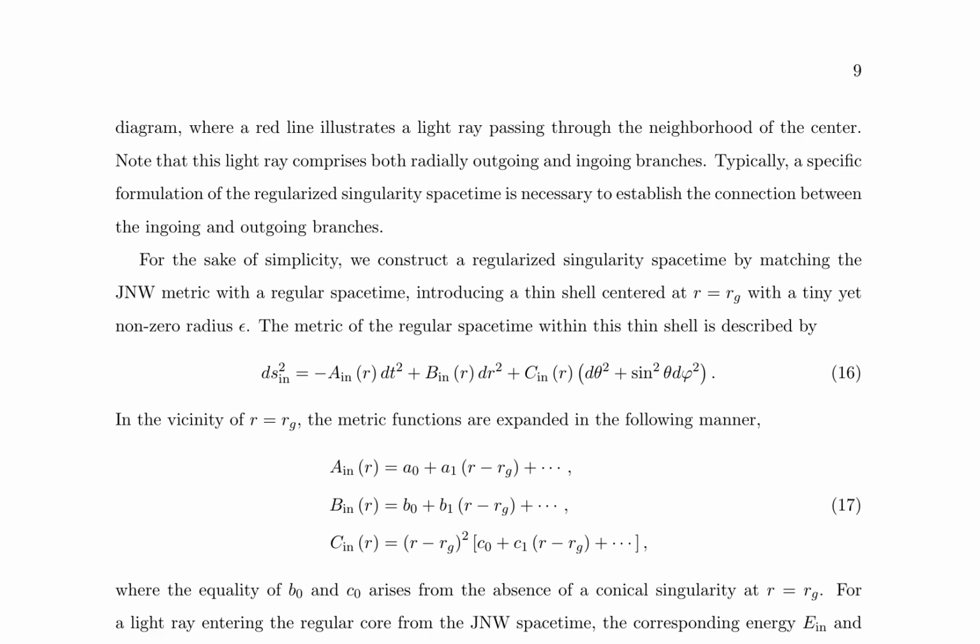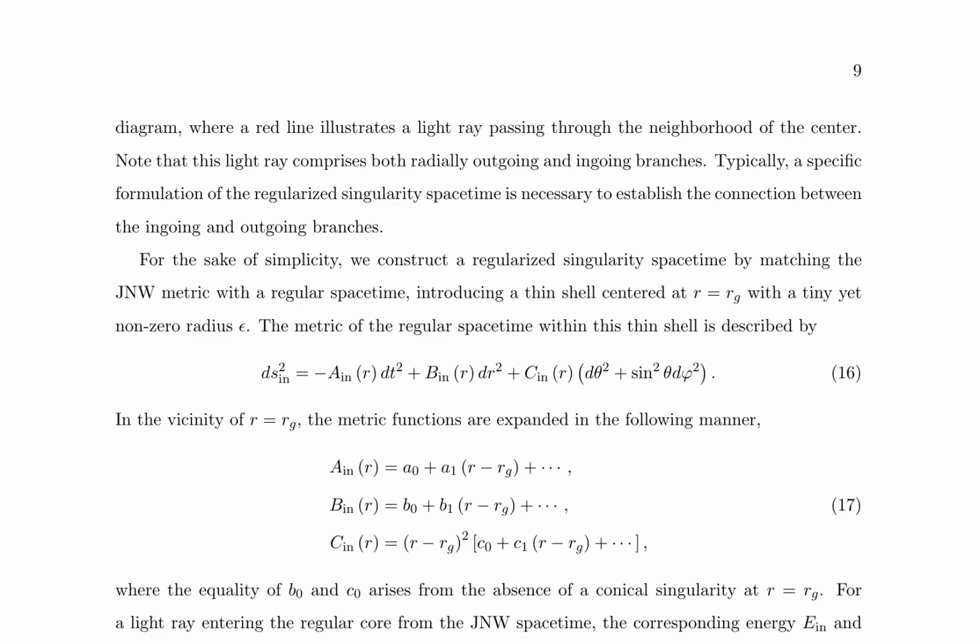This construction enables the analysis of gravitational lensing effects caused by the naked singularity in the JNW spacetime. The energy and angular momentum of a light ray entering the regular core from the JNW spacetime are related to those in the JNW spacetime through equation 18.